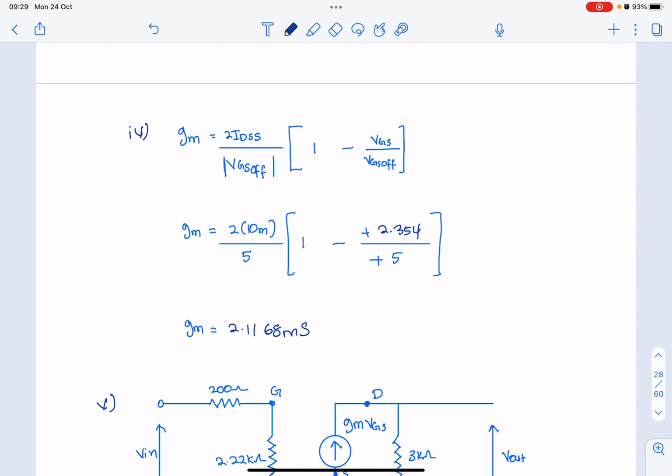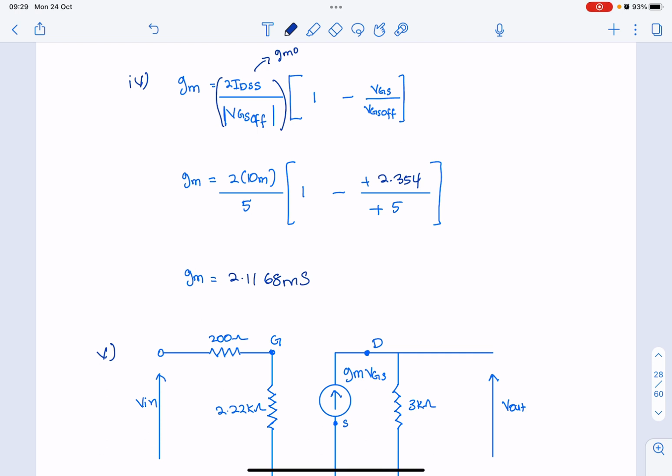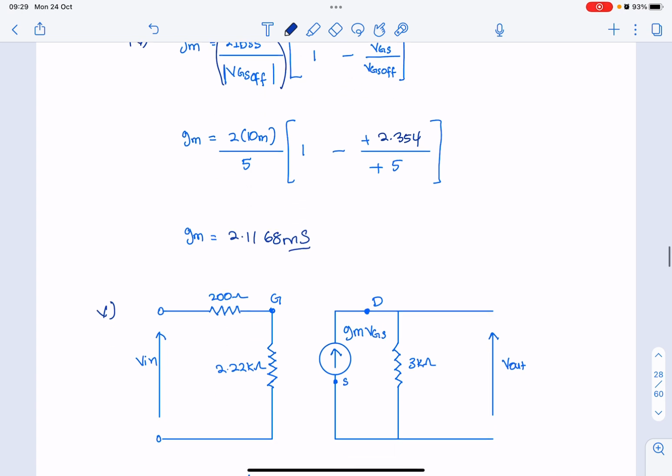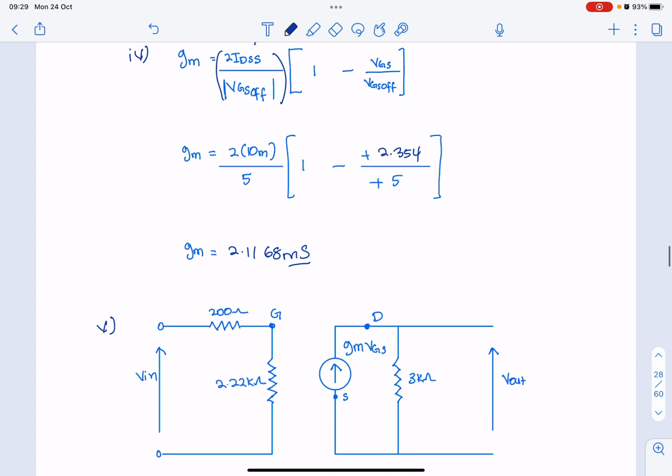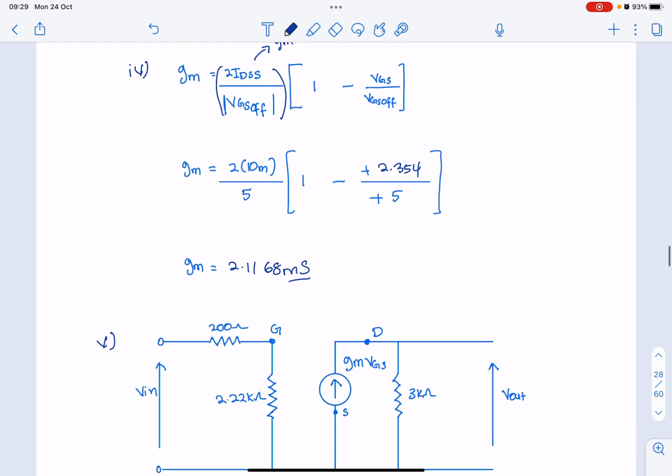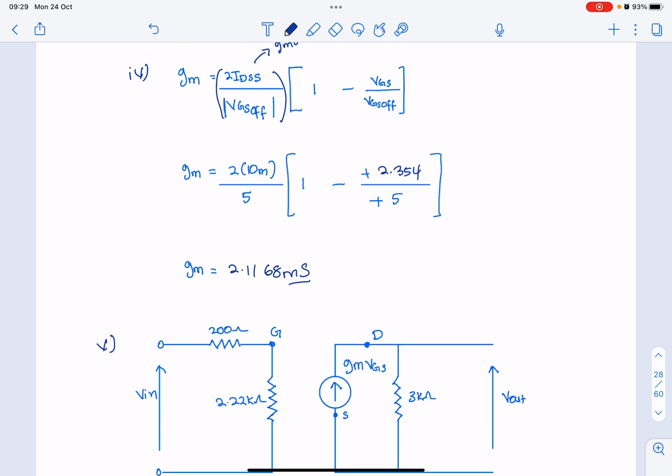And then you need to calculate your gm. So this is gm0. So in the end you get gm, the transconductance, equal to 2.1168 millisiemens. Not siemens, it is called millisiemens. Okay, so that's it for finding your DC values. That's it for the DC analysis.